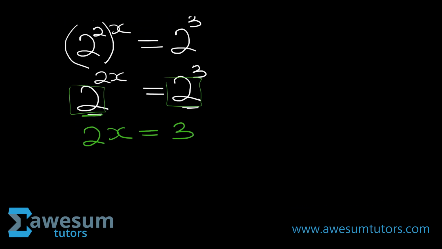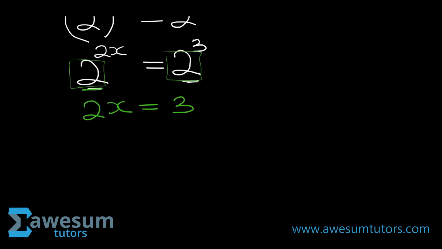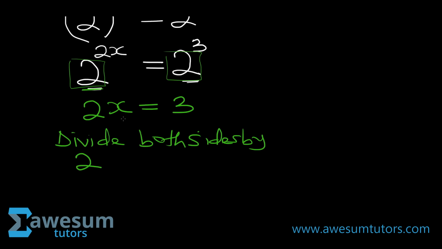Now, since I have 2x equal to 3 and I'm trying to find x, what would you do? You would divide both sides by 2 because you are trying to find x.